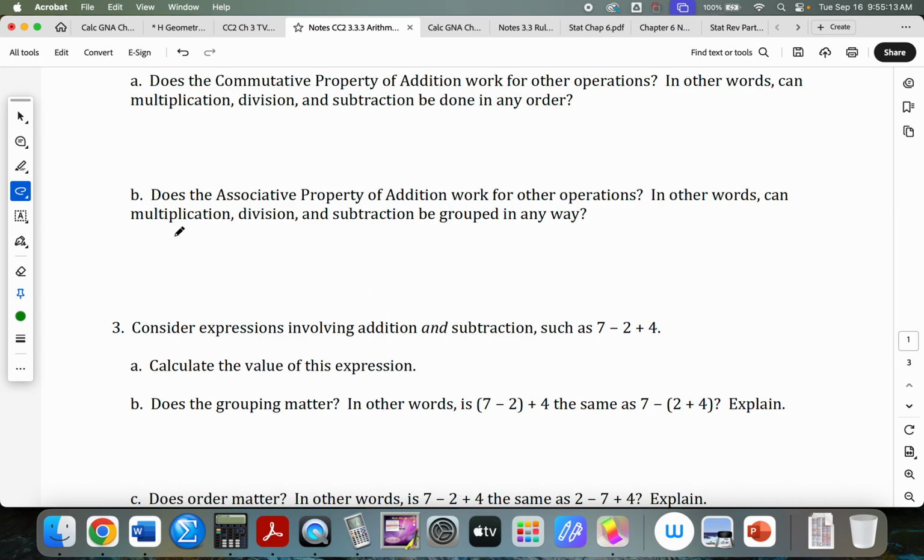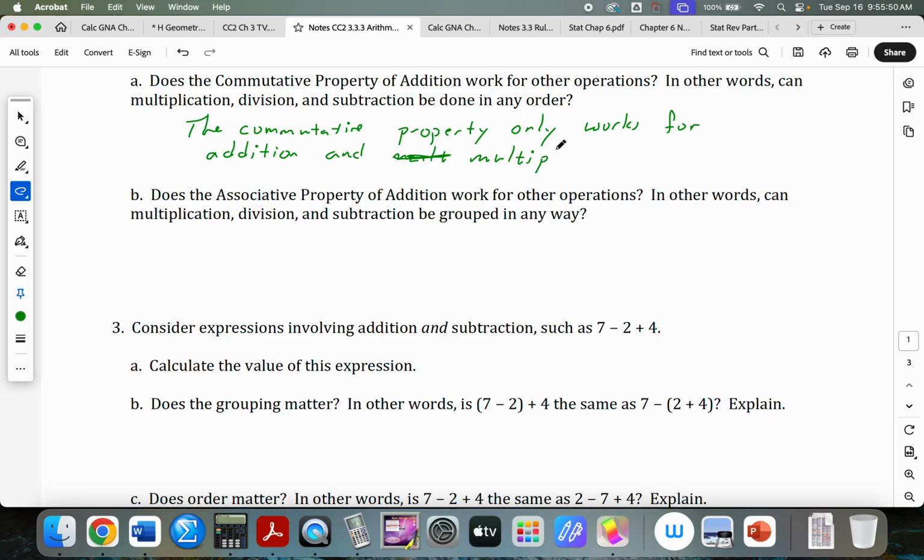So the commutative property only works for addition and multiplication. So it just works for those two.